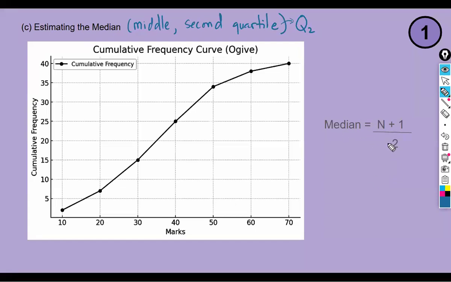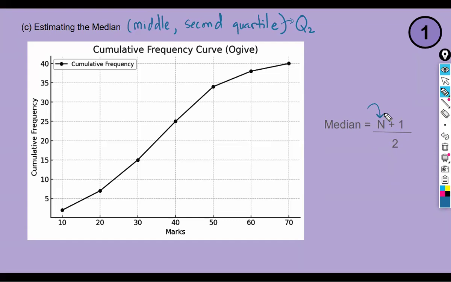Well, I have the formula here. This is the most accurate formula. Now, I know some textbooks, instead of having n plus 1, will just have n divided by 2. Take my advice. The better formula is n plus 1, where n is the amount of people in the survey.